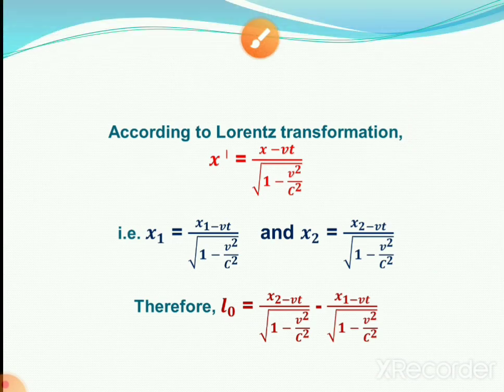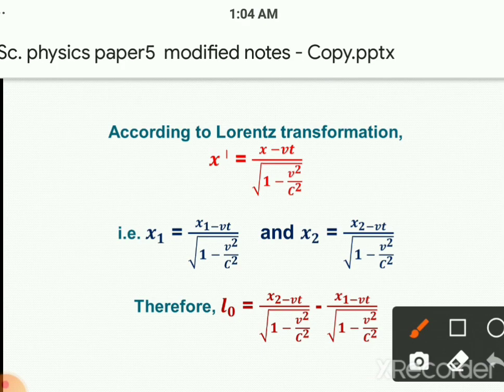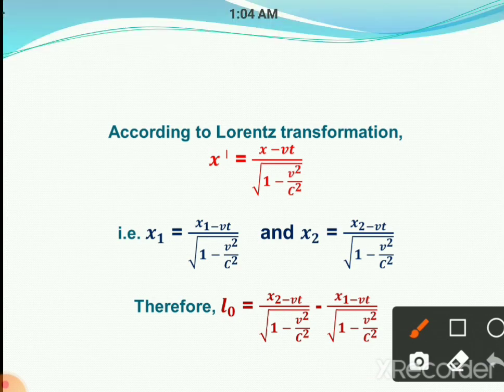But according to the Lorentz transformation equation, which we already derived, x dash is equal to x minus vt divided by square root of 1 minus v square by c square. In this there are two cases.